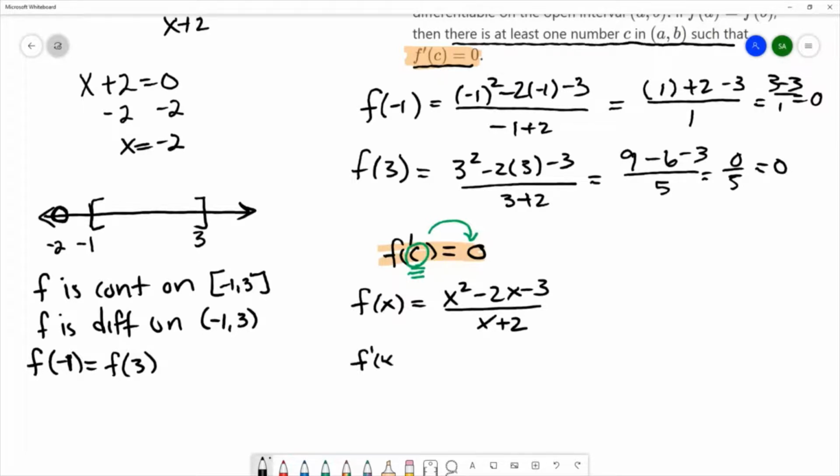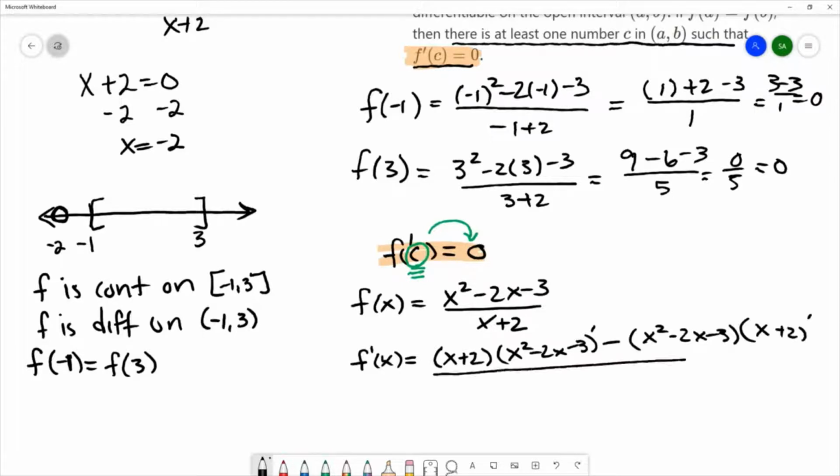So using the quotient rule, I would have the bottom times the derivative of the top minus the top times the derivative of the bottom all over the bottom squared.